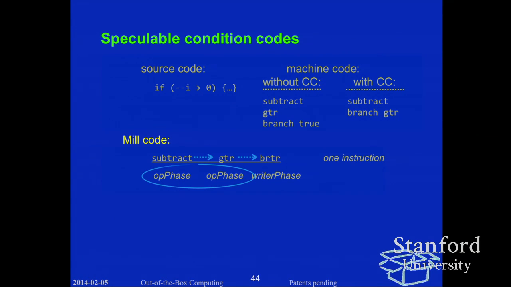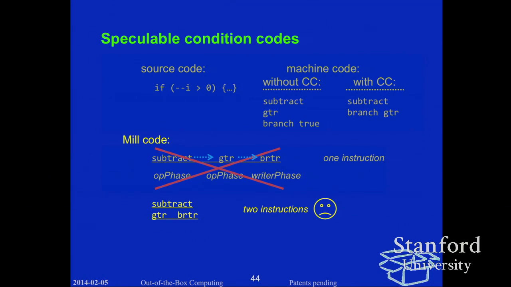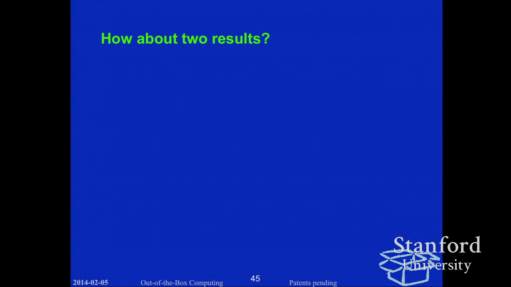Consequently, that's a no-no, and you can't do that. Instead, it would require this code. We at least get the greater and the branch done in parallel due to phasing, but we're still not much better off than what your typical RISC machine would be.